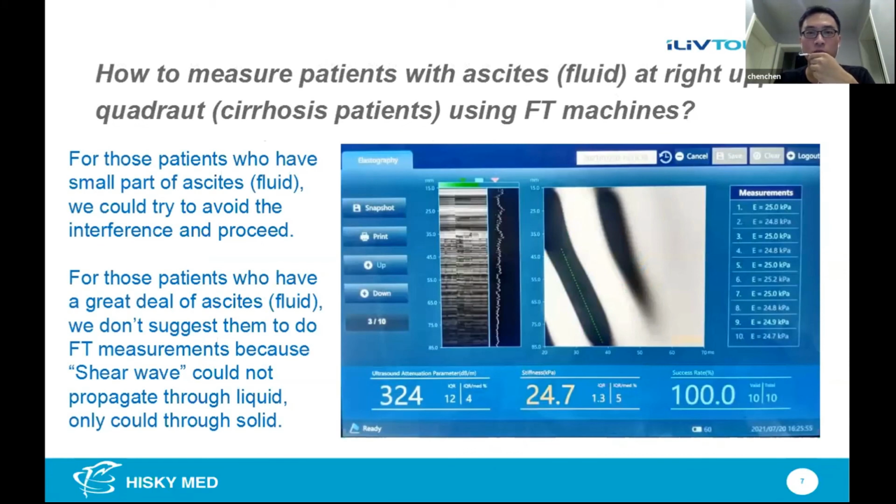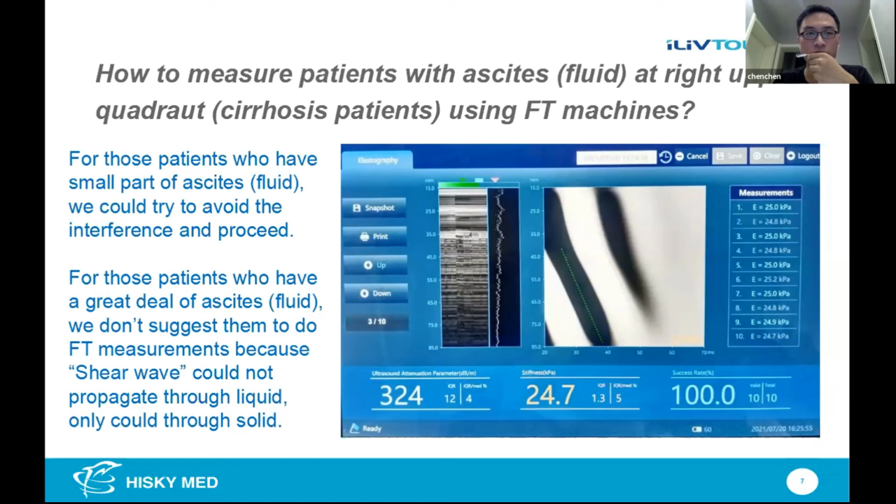Now for this case, I can say it is an obese patient, and this is a clinical case for cirrhosis patients. You can see that for the M mode, the upper area is the subcutaneous tissue, and below it you can see the very steady layers. So that's the liver tissue, and we can avoid the fluids, and then we get good results.